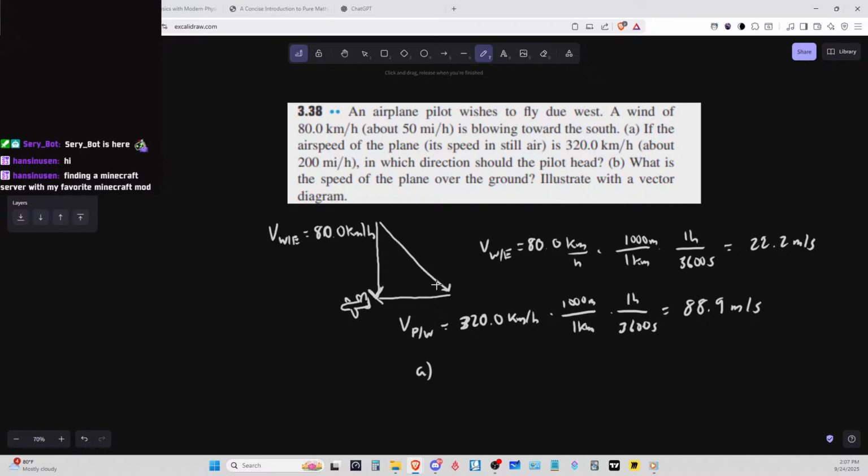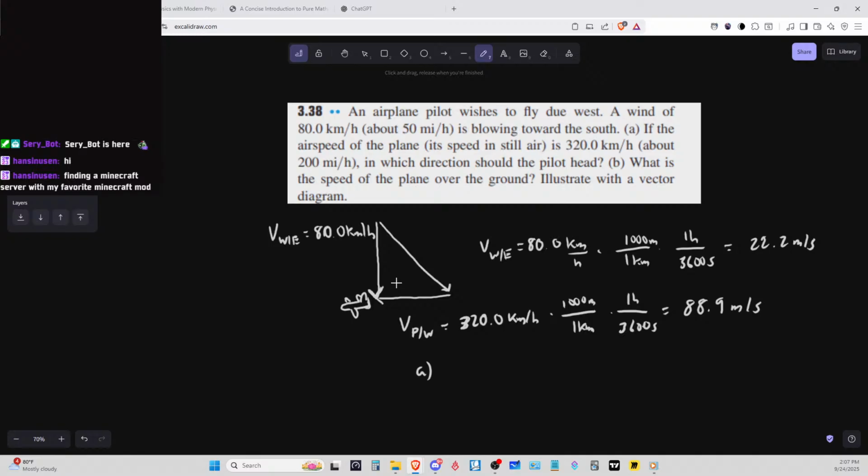I think it has to match the same velocity as this, but going northward, or at least the y component of the plane's flight path.